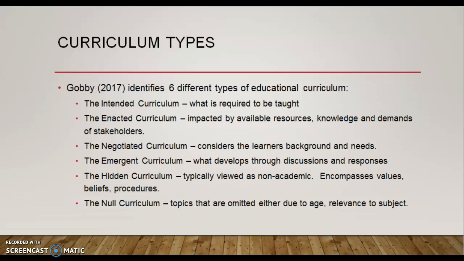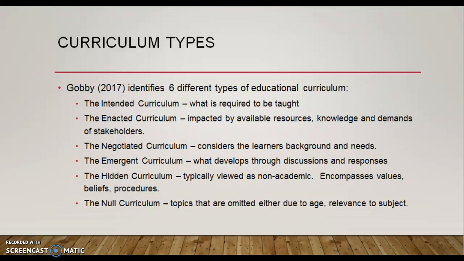Most teachers in the state of Alabama, most leaders in the state of Alabama, when they're talking to their administrators, their teachers, about developing the curriculum for a particular area, they refer to that course of study, so it's what's required to be taught. The second type of curriculum Gabi discussed was the enacted curriculum.